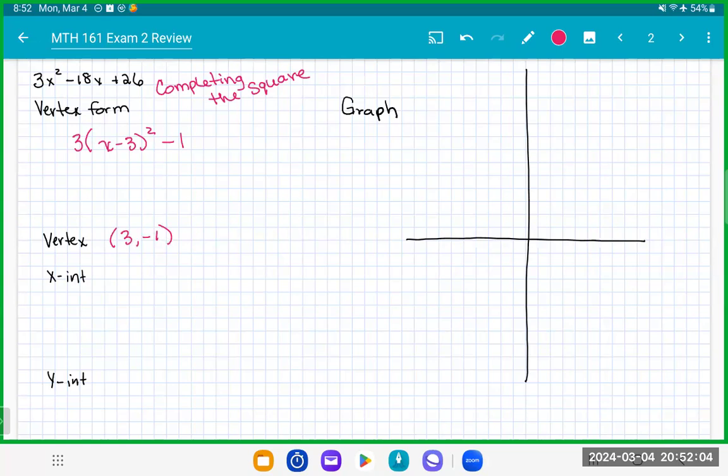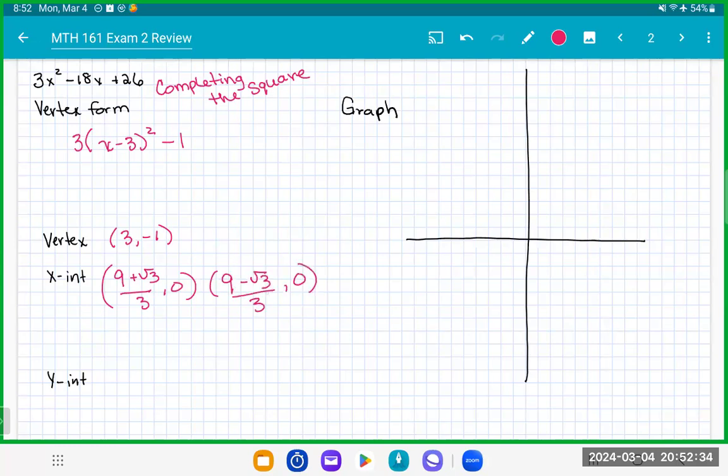Our x-intercepts are where we set our whole equation equal to 0 and solve, and we get (9 plus the square root of 3)/3 comma 0, and (9 minus the square root of 3)/3 comma 0.